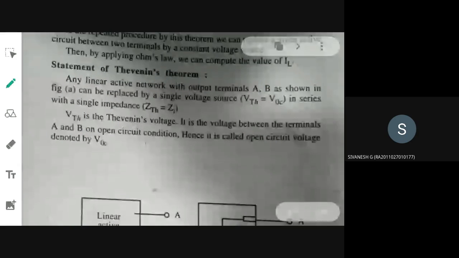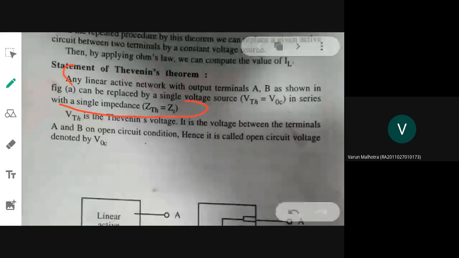Okay, statements of all the theorems are very important. Like you are learning how to state KVL and KCL, the statements of the theorems are also an important question. So what does the statement say? The statement of Thevenin's theorem is given here. Tell me.